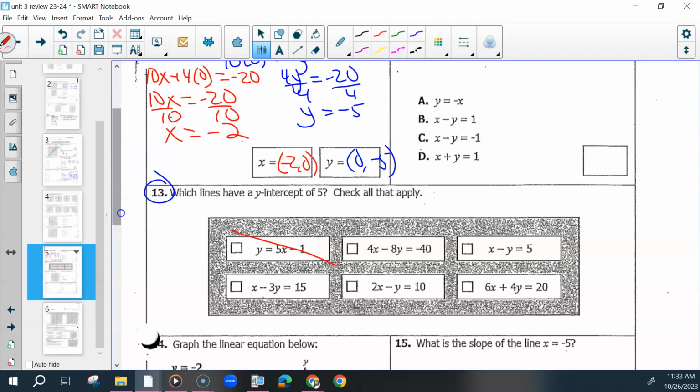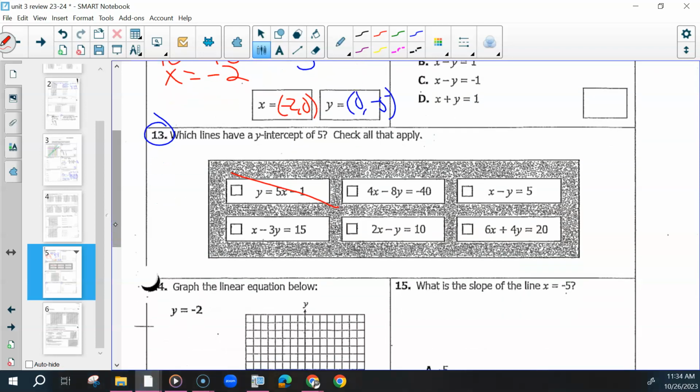Or just solve for y. Just look at this part and solve for y each time. If I divide both by -8, would I get 5 here? Yes. This would be positive, so that one works.